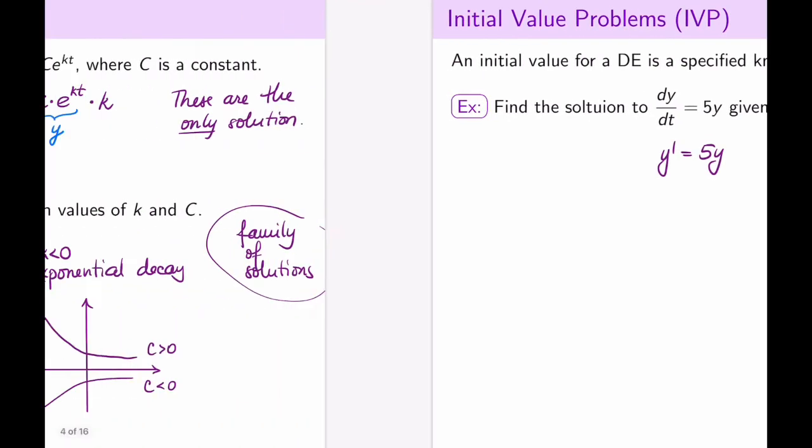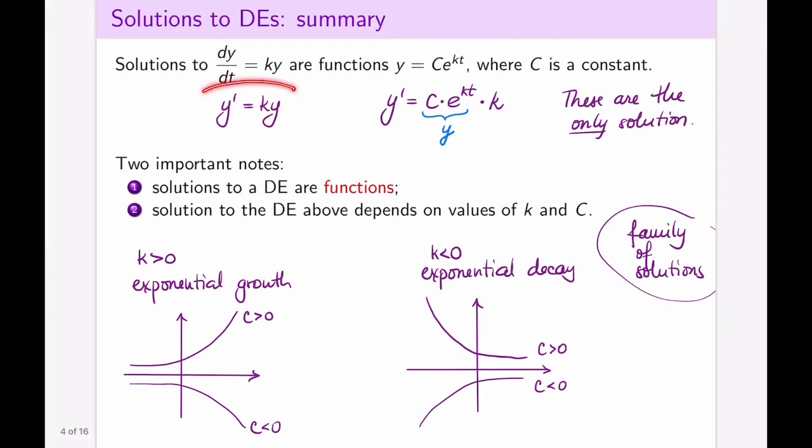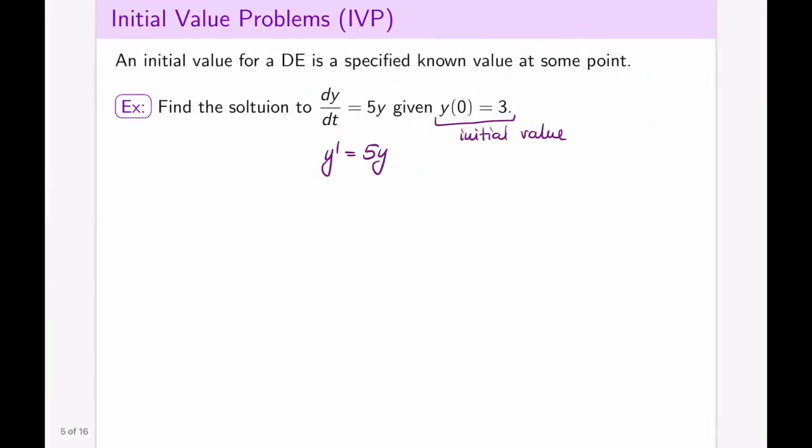Now, in general, from the previous slide, what I know is that the solutions to the equation y prime equals ky are a family of solutions of the form y equals ce to power kt. So let me record that here and then try to match to what I actually have. So the solutions to y prime equals ky are y is equal to ce to power kt.